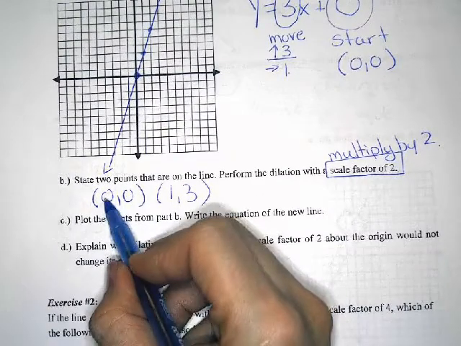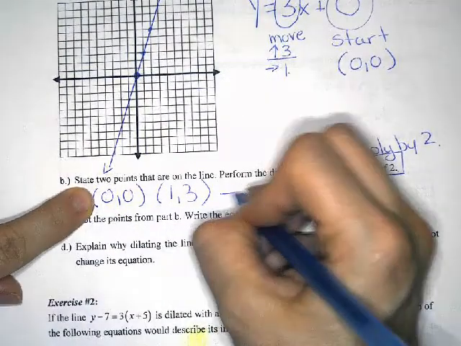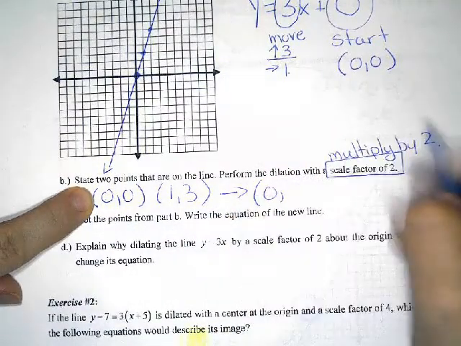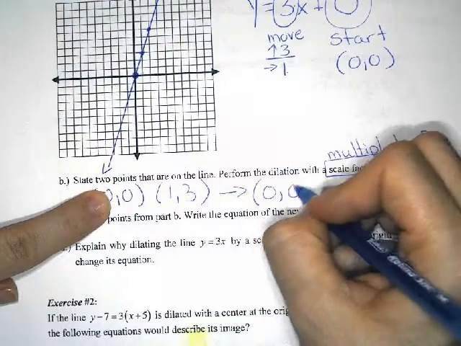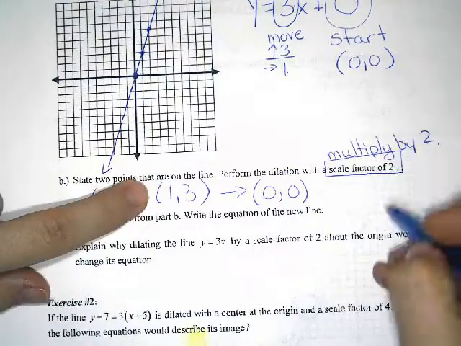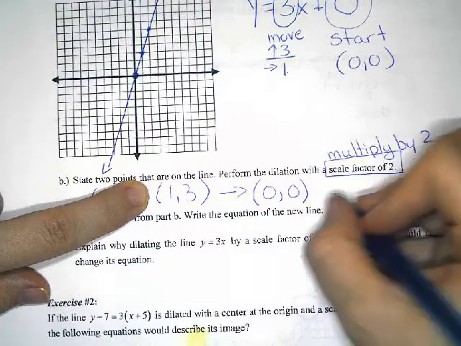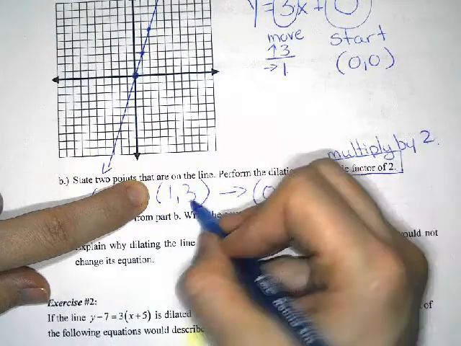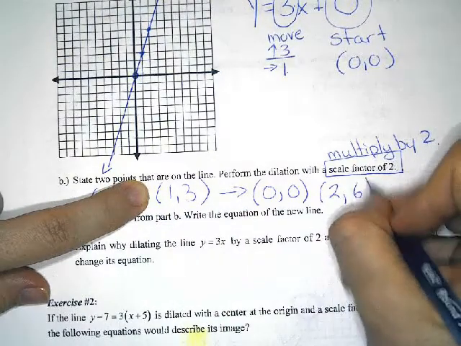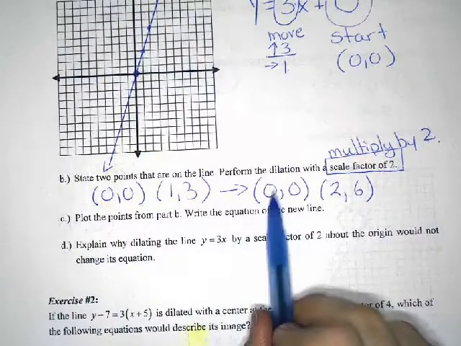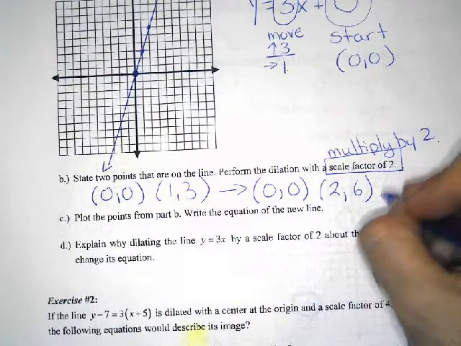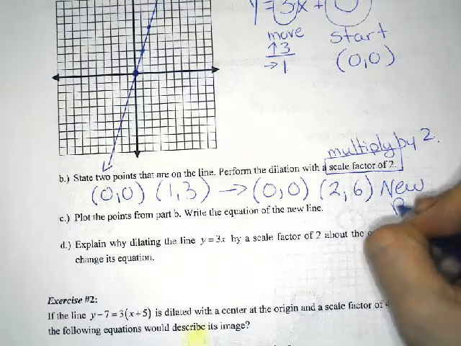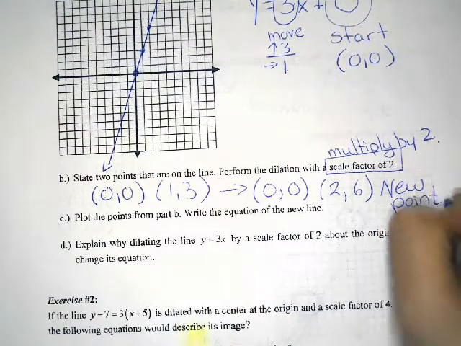So 2 times 0 is 0. And 2 times 0 is also 0. Okay, the second one. 2 times 1 is 2. 2 times 3 is 6. So these are my 2 new points. These are the new points that I'm going to plot on the grid provided.